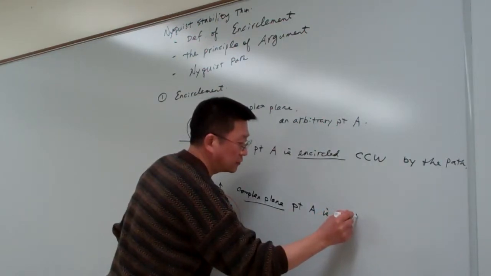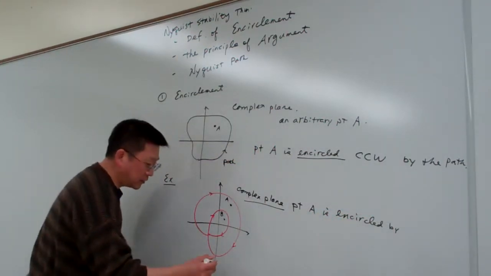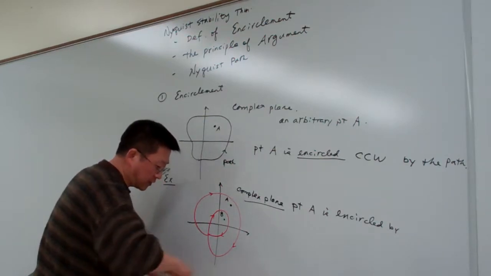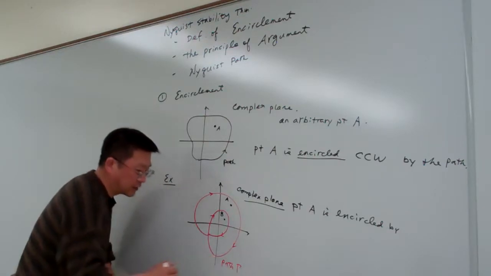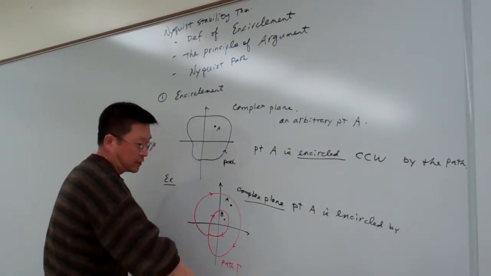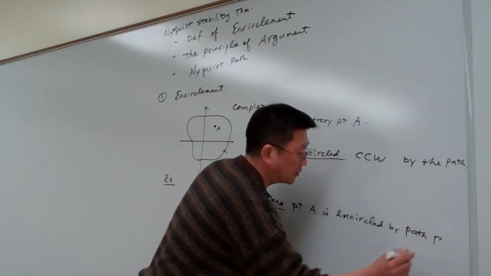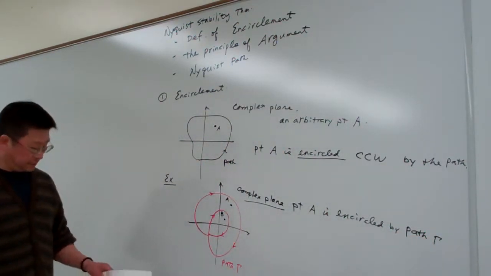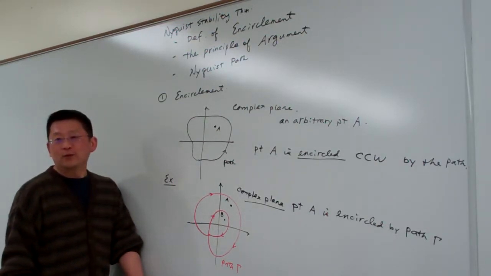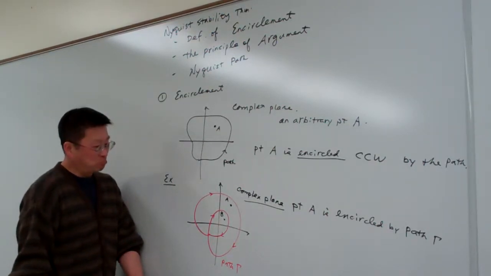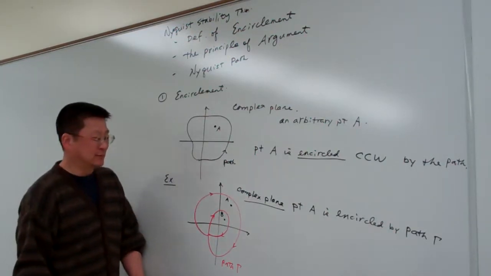So in this way, the point A is encircled by this path. Let me call this path lambda. By path lambda, how many times?